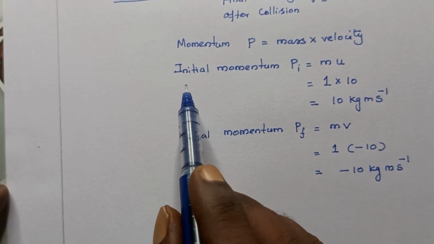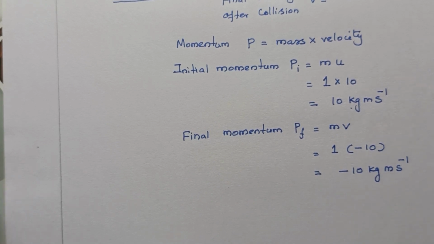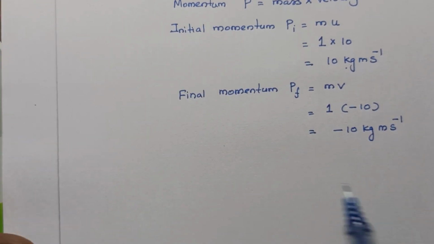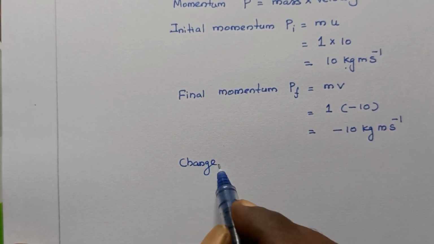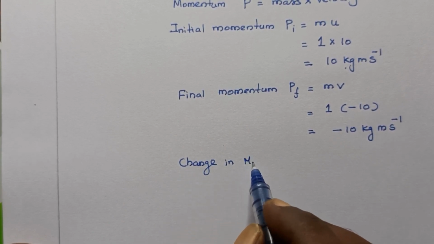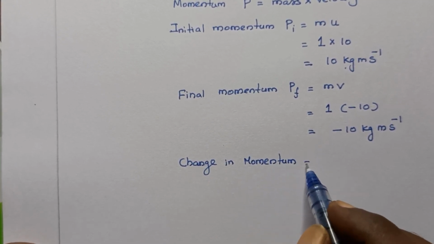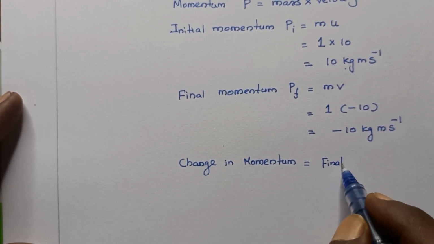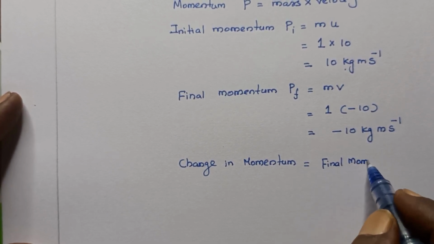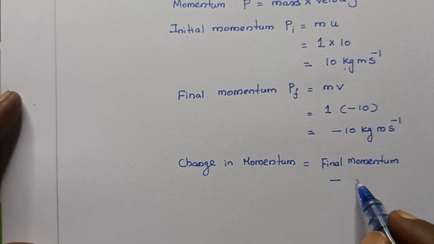Now we have calculated the initial momentum and final momentum. Therefore we can calculate the change in momentum. Change in momentum is equal to final momentum minus initial momentum.